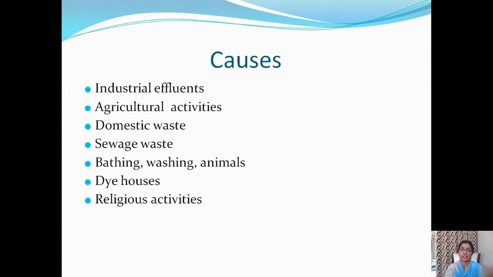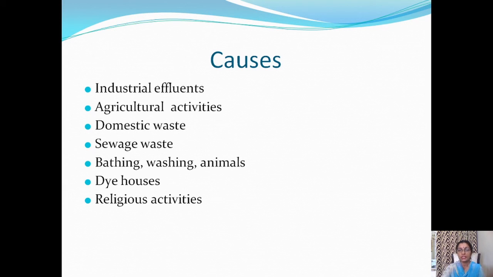Dye houses release their water into rivers, and some religious activities such as havan ashes, flowers, and even some people throwing dead bodies in the river contribute a lot to polluting the rivers.